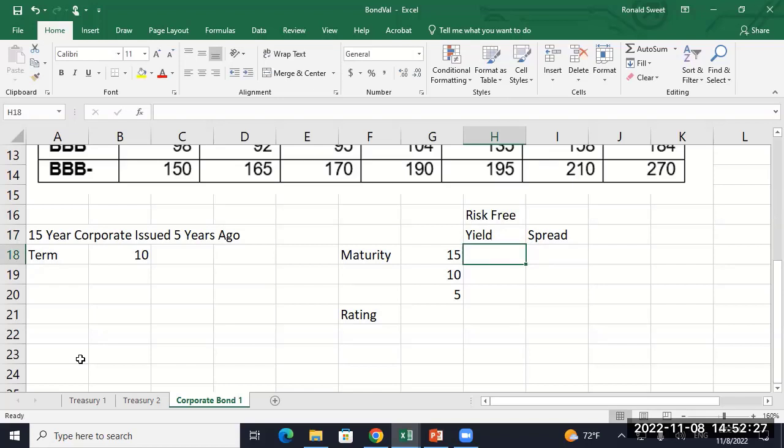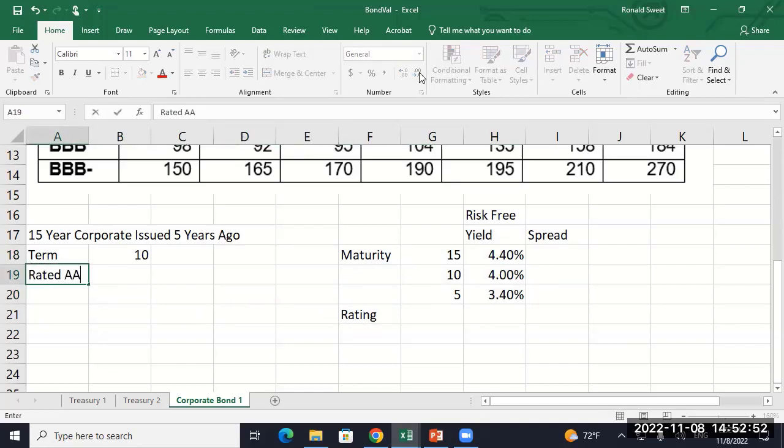Let's say for 15 years, it's 4.4%. For 10 years, 4%. For 5 years, 3.4%. Let's say this bond was rated AA at issuance. Today it is BBB.